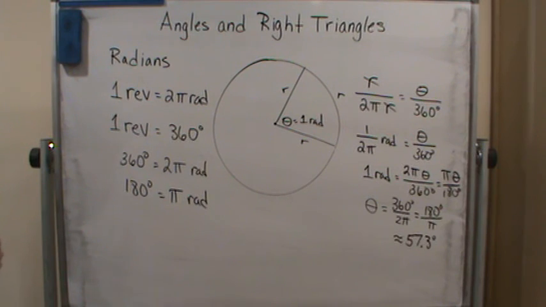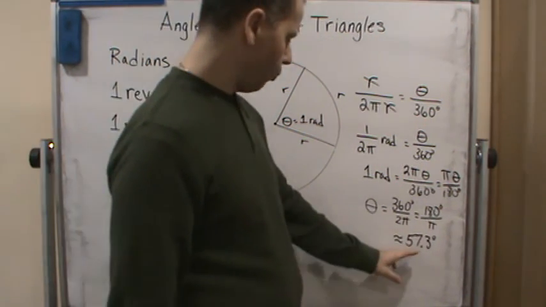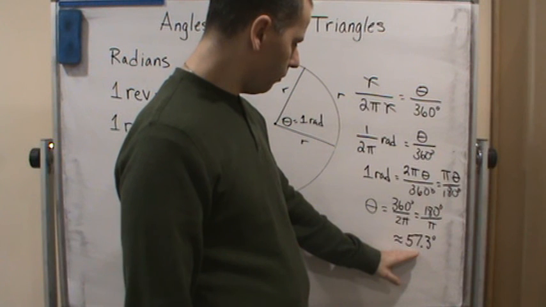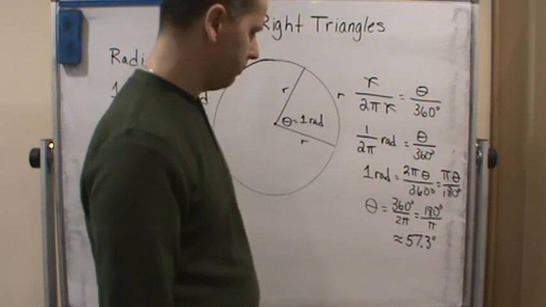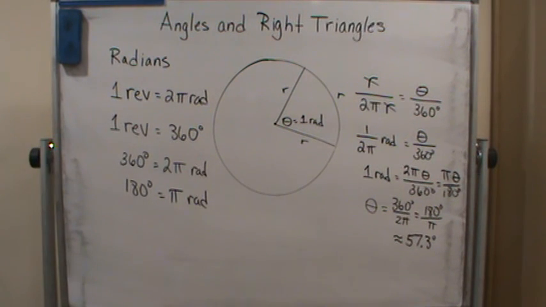So what is it saying? It's saying 1 radian is the same as 57.3 degrees. Okay, that's it. We'll do some examples and move on.